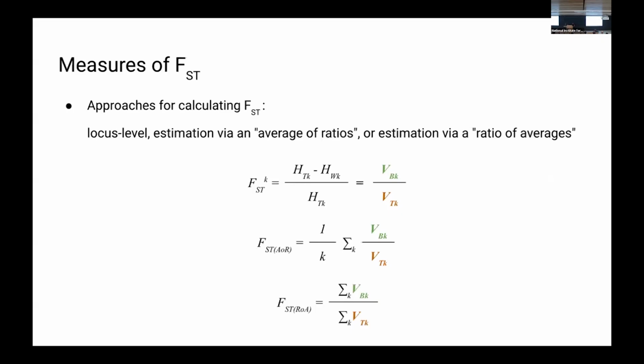Another approach is to measure FST via a ratio of averages. That is, we compute an overall FST by calculating the mean of the numerator and the mean of the denominator separately, and then take the ratio of those two components to get a ratio of averages FST.